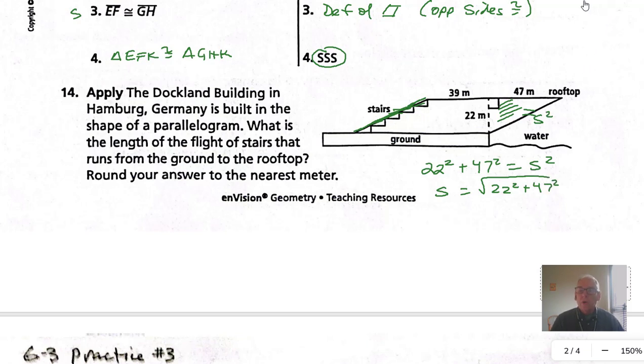Okay, so that comes out to be 2693, and we take the square root of 2693 and round it to one decimal, we get 51.9. So if this is in meters, the approximate length of the stairs from the ground to the roof is about 52 meters, 51.9 meters.